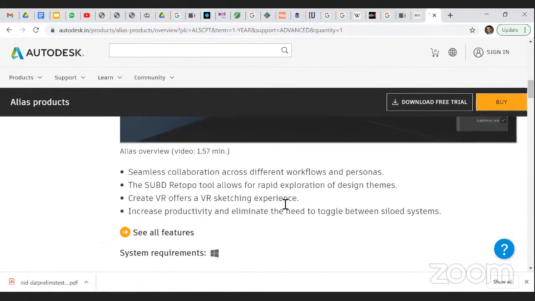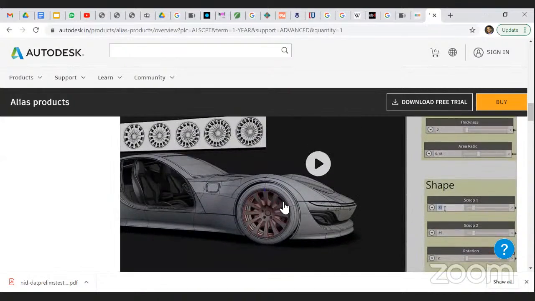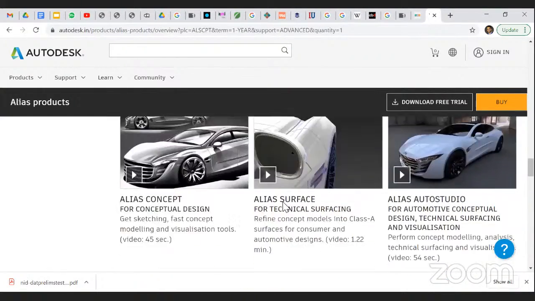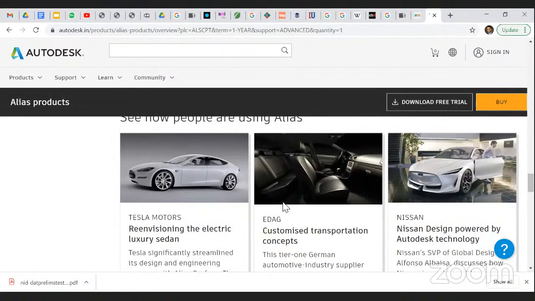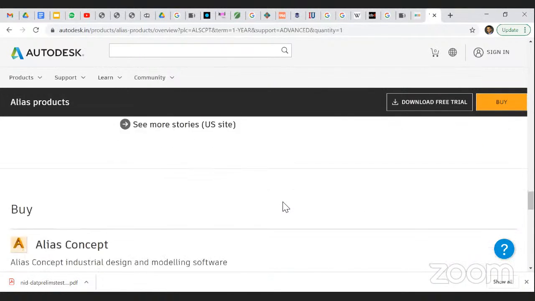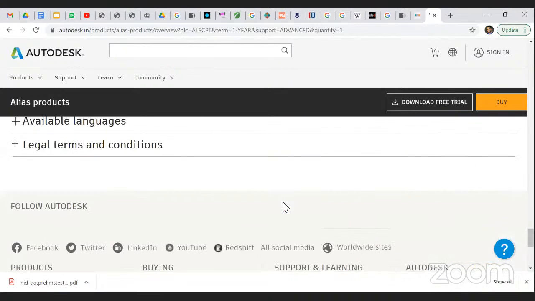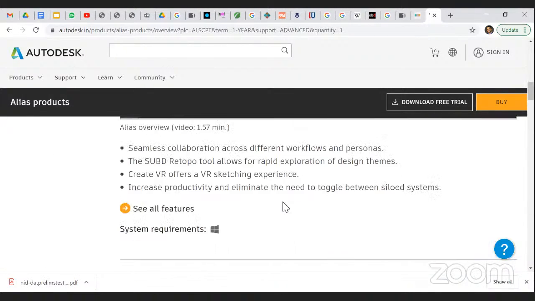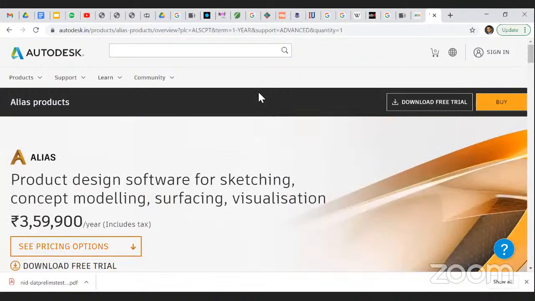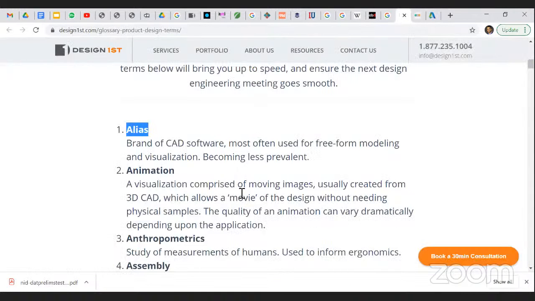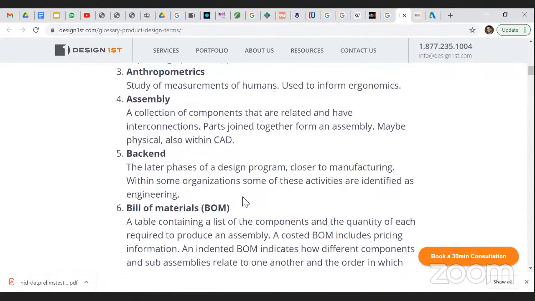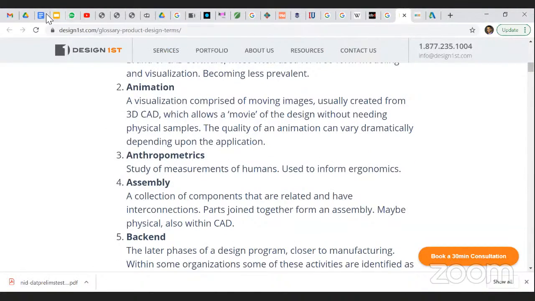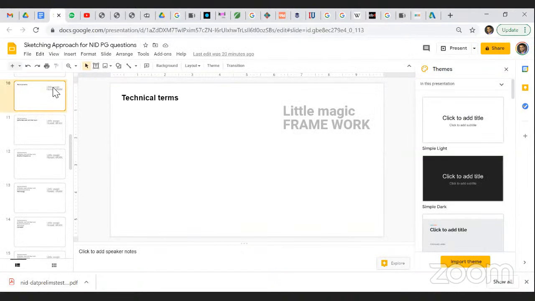It's very famous for transportation design, production and conceptualization, and the majority of transportation design companies and studios use this as a very important tool. So you have to do that kind of research for getting into the details of that particular term. All right. So that's the first thing.